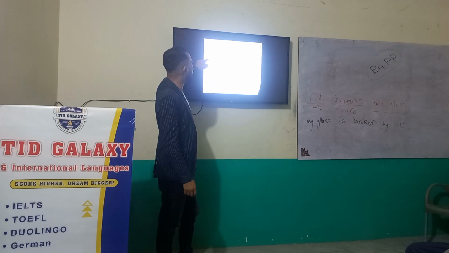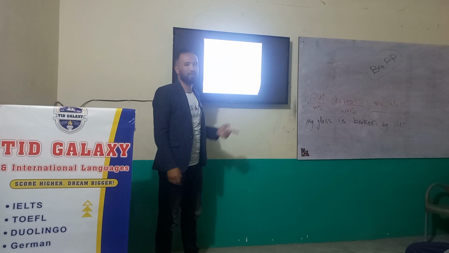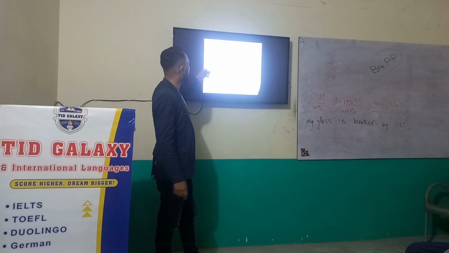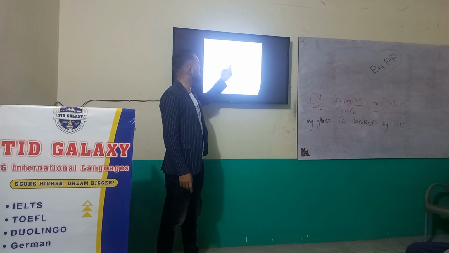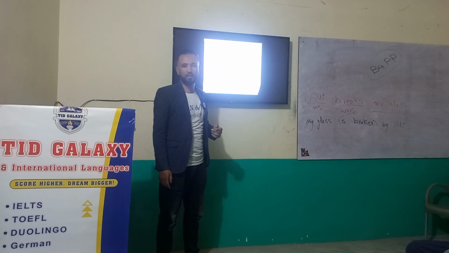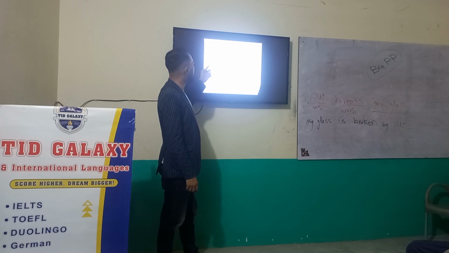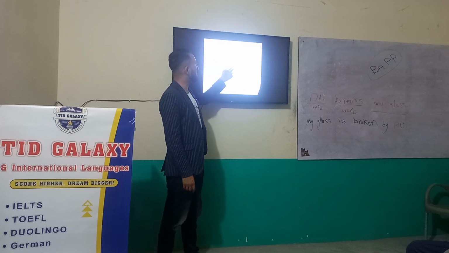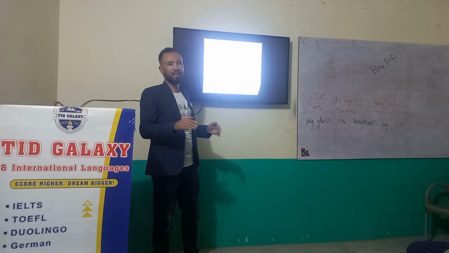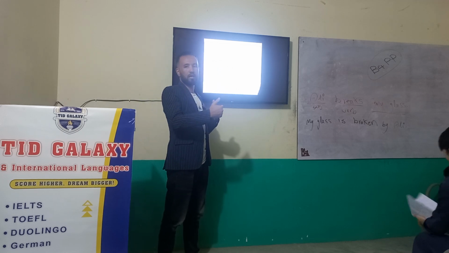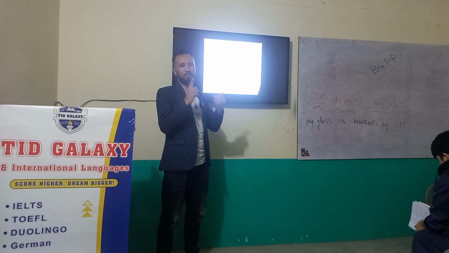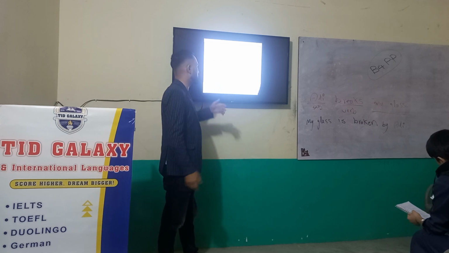And next, past simple: was, were, plus PP. And past continuous: was, were, plus being, plus past participle. These are the formulas. Next, past perfect: had plus been, plus past participle. Too easy. We will study one tense every day and change it into passive voice.